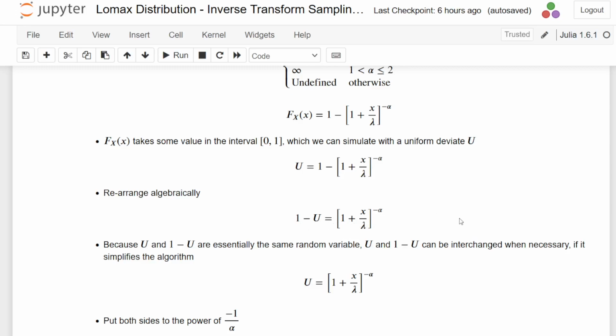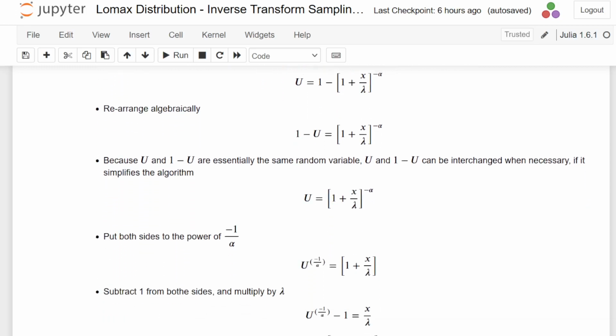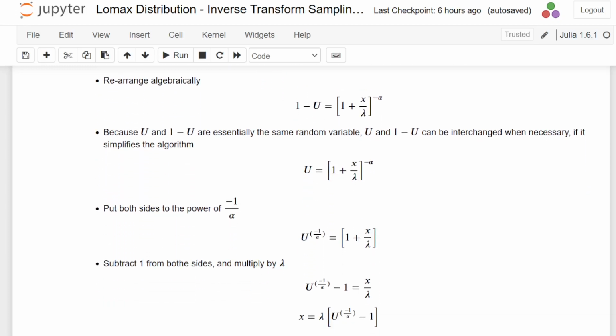Now this is important in the context of inverse transform sampling and the modeling of random processes and how to generate them. Because u and 1 minus u are essentially the same random variable, we can interchange them when necessary if it simplifies the algorithm.